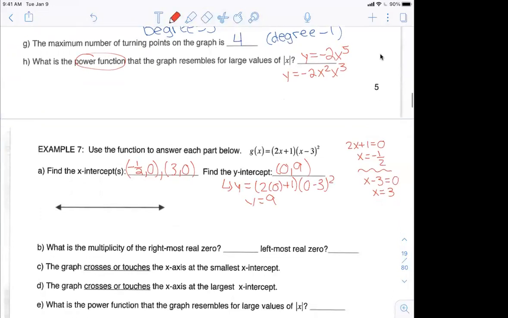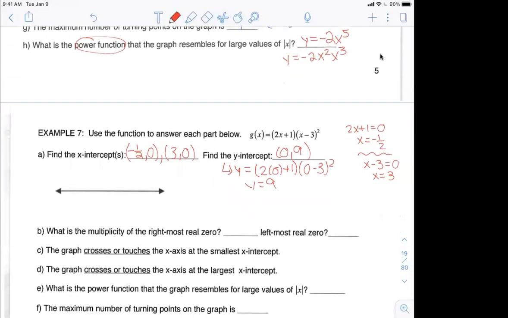It says, what is the multiplicity of the rightmost real 0? Once again, the zeros are talking about your x-intercepts. We have negative 1/2, which is here, and we have x equals 3. So negative 1/2 is on the left, and 3 is on the right.